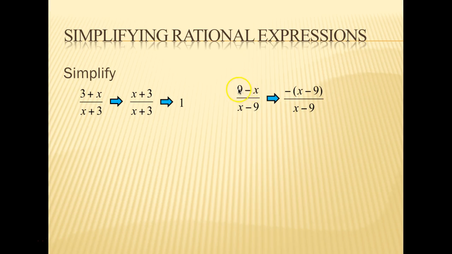For subtraction, if your terms move, your answer is the opposite. But for addition, 3 plus x equals x plus 3. But for subtraction, 9 minus x does not equal x minus 9. 9 minus x equals the negative of x minus 9. And then these can be reduced to 1, and I'm left with negative 1.